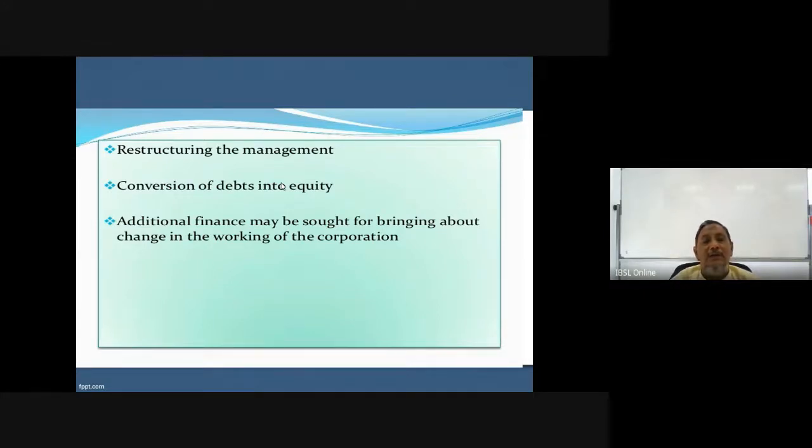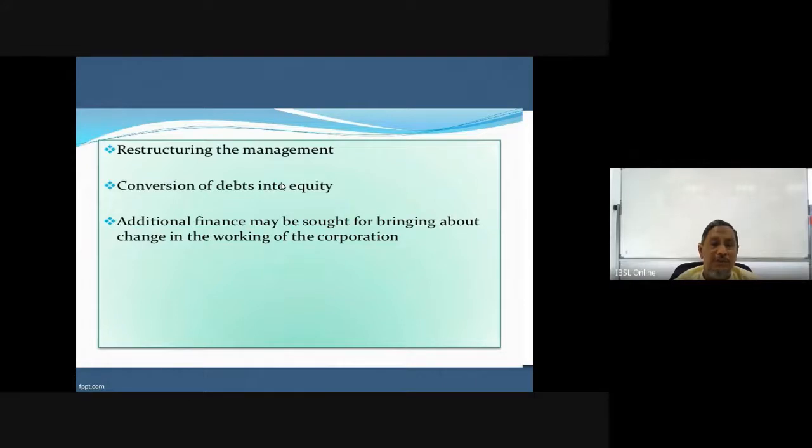Then conversion of debt into equity. Right? This is also another option available. Long-term debts are there, and the customer has defaulted. We ask the customer to issue shares, right? We take shares in the business as equity, converting the debt into equity.